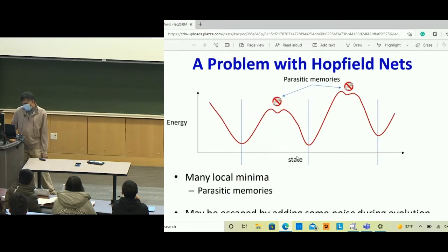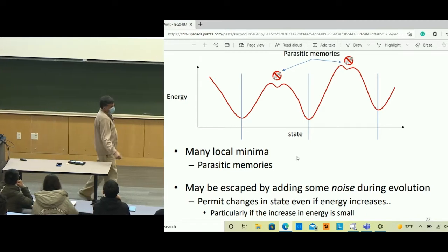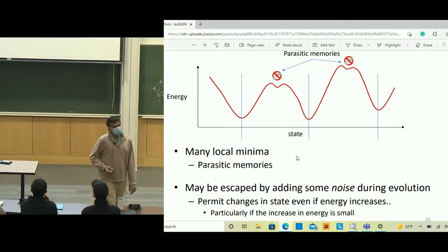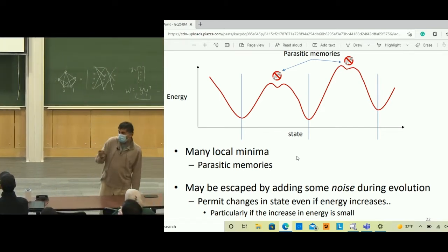And we saw the reason for this as well. If you construct this network to have local minima at the patterns that you're trying to remember, then you're going to have these spurious local minima in the vicinity. These are the noisy patterns.